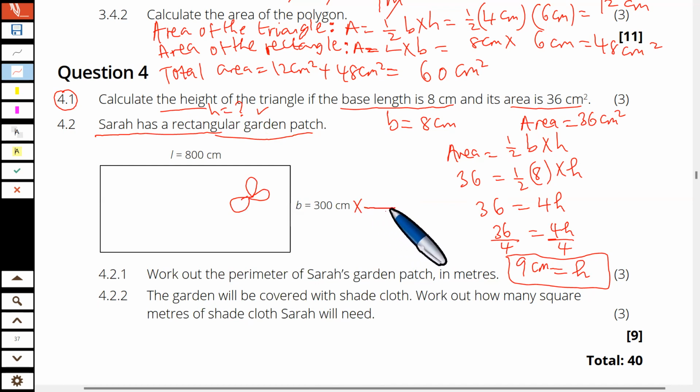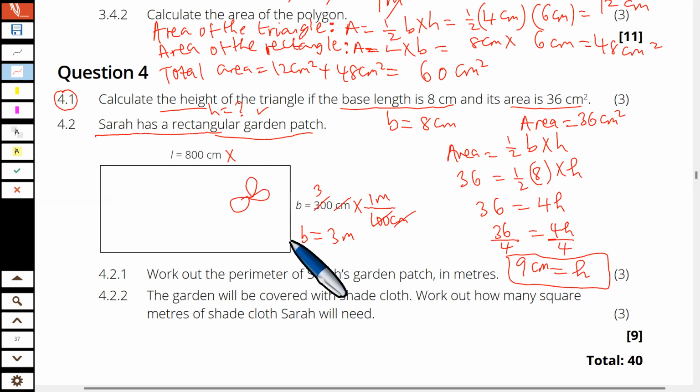To convert the centimeters to meters, you need to remember that 1 meter is equal to 100 centimeters. So you divide by 100, because this centimeter cancels this one. 100 goes how many times into 300? It goes 3 times. So you have 3 meters. Then now you have this 800.